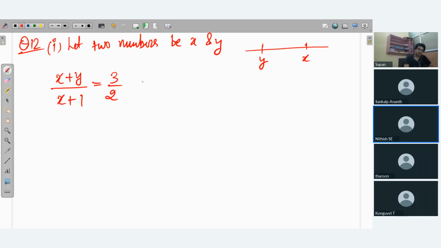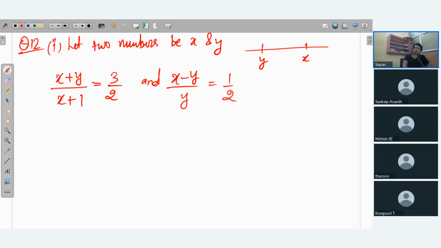And the difference of these numbers divided by the smaller, the result is 1/2. So x minus y divided by the smaller number, which is y, is equal to 1/2. So find the numbers.